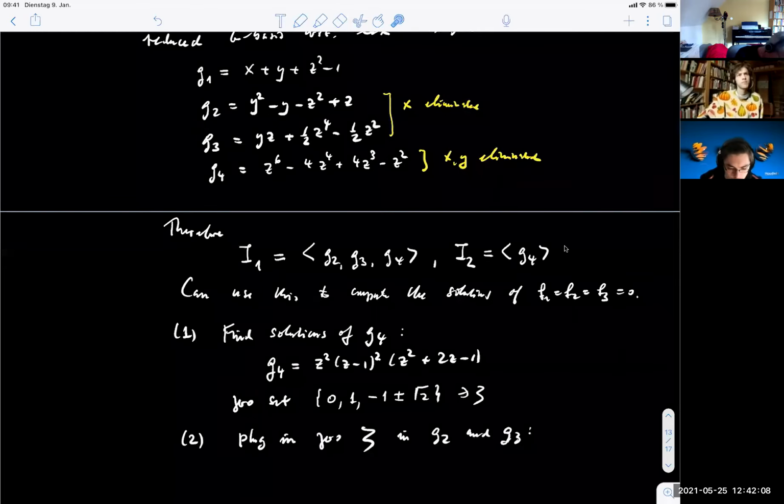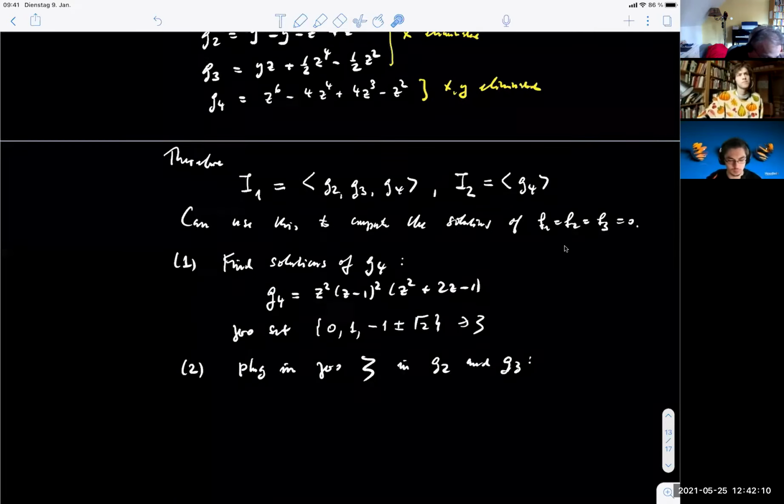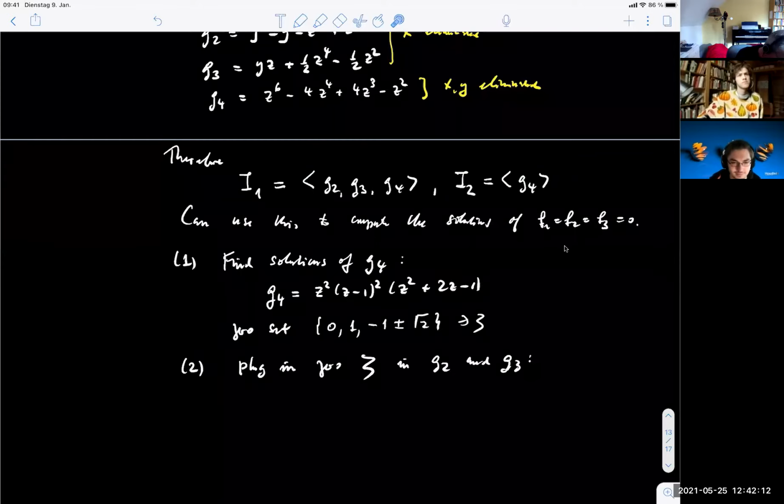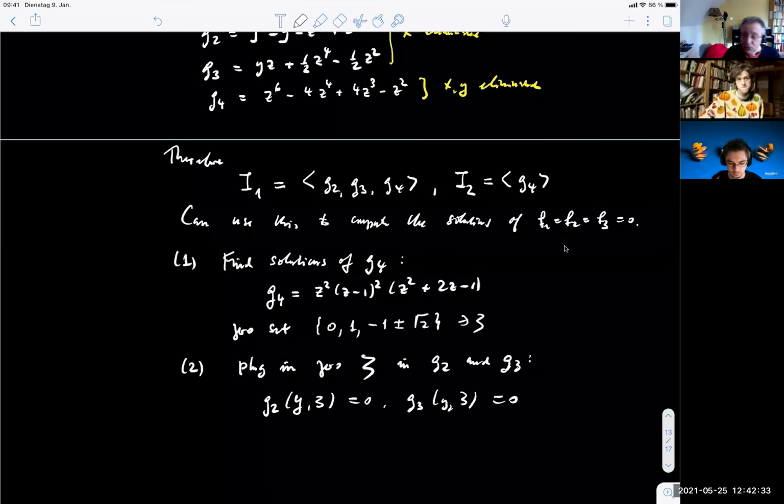There is no X, so I will find equations for Y. So I get 2 equations in the variable Y. Solve. So let me write this. So these are 2 polynomials in the variable Y.